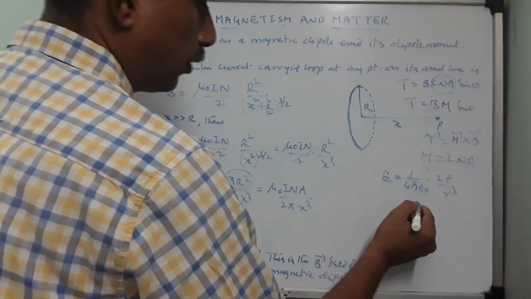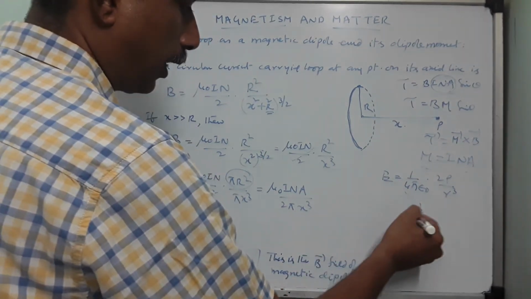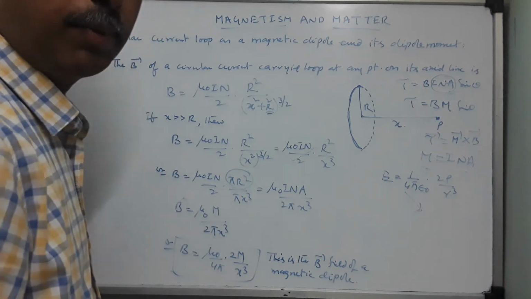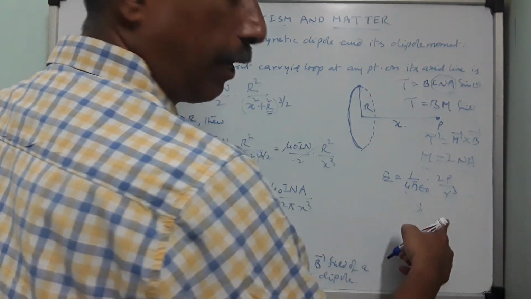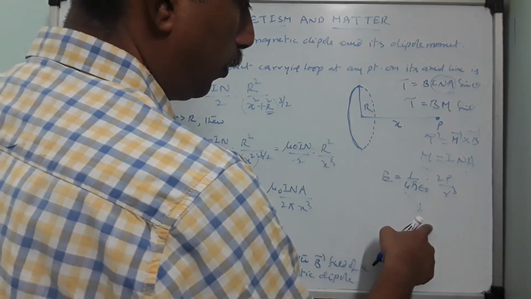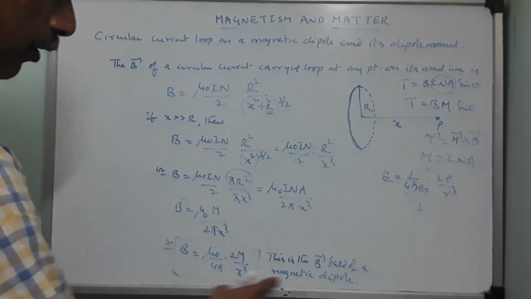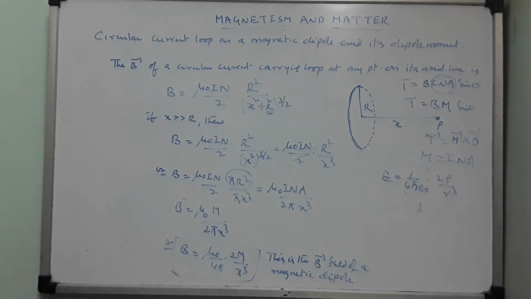No need to write here, but I am just trying to bring the analogy between electric and magnetic fields. This is the electric field due to an electric dipole, and this is the magnetic field due to a magnetic dipole. So you can conclude that a circular current loop will behave like a magnetic dipole. You can make that statement.